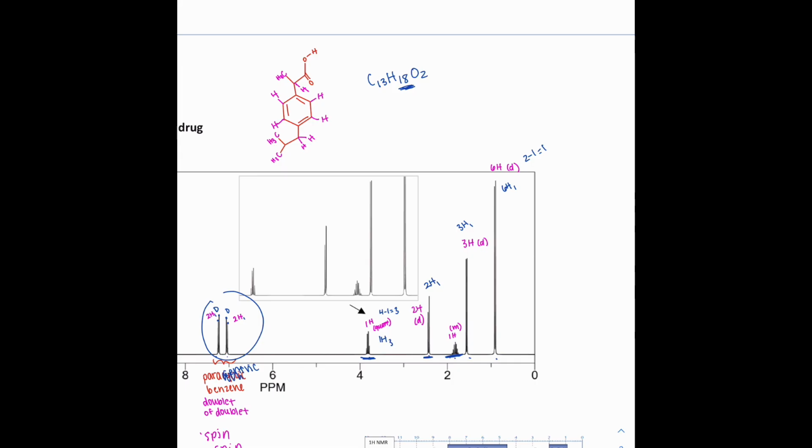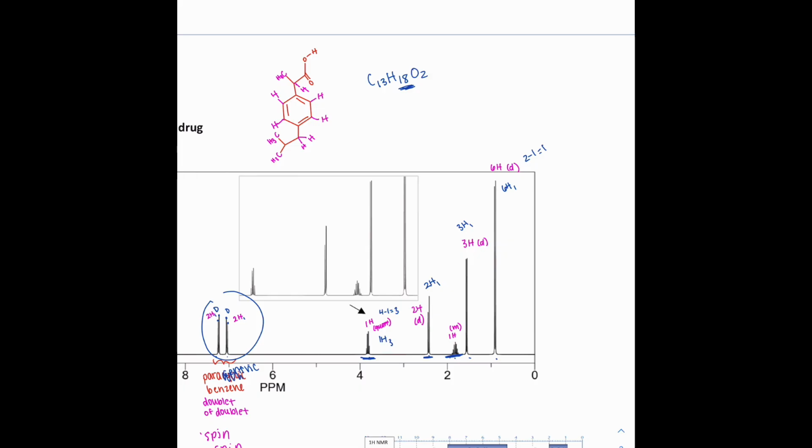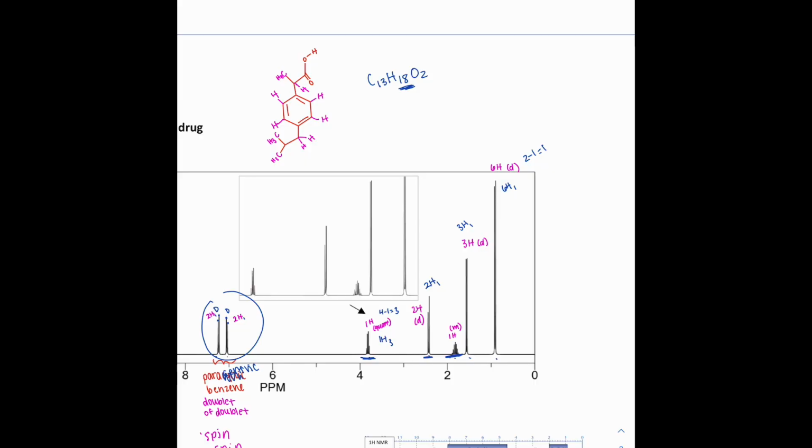And so just to go over that electronegativity again, this side is going to be less electronegative, so it's less exciting, and this end is going to be more electronegative.